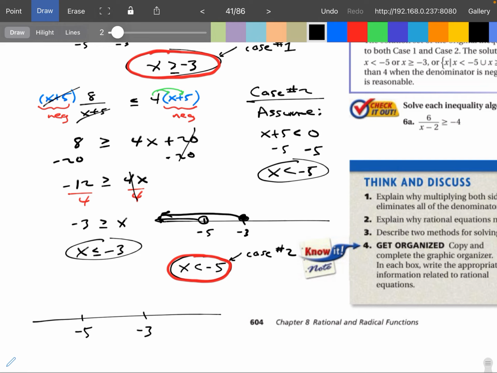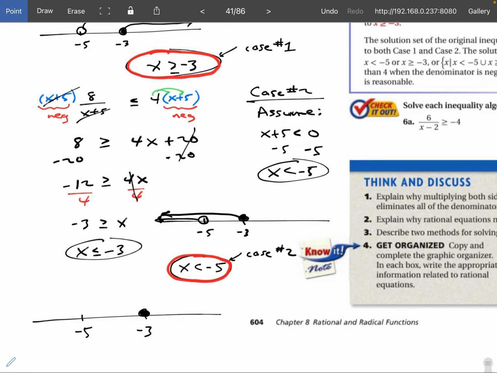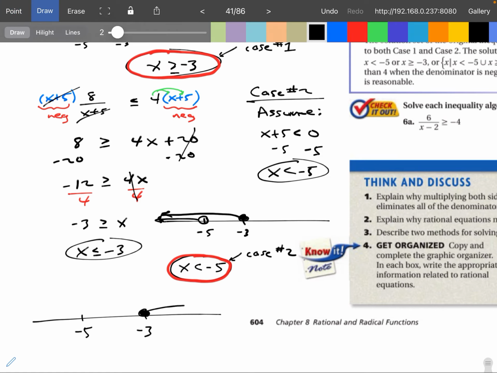The top one up here has the equal to bar on it, so I've got to put a solid dot at -3. And it's the x's that are greater than -3, so they would be to the right of -3. So I would draw it like this.